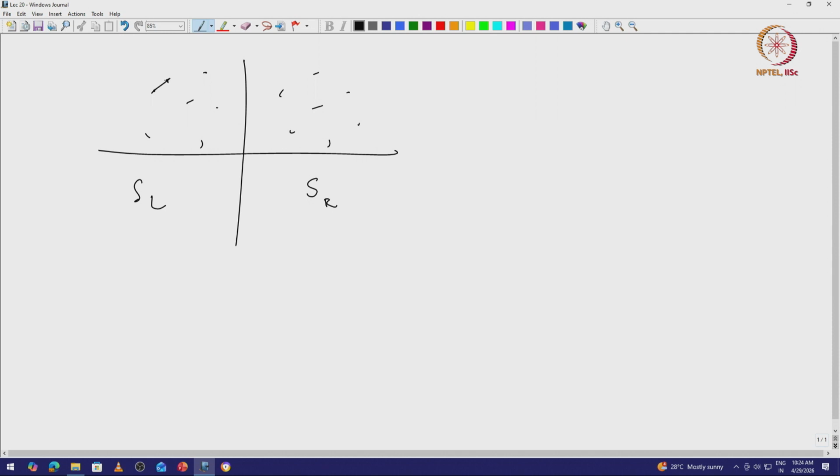The closest pair distance delta L is found. The closest pair delta R is found. Delta is the minimum of delta L and delta R.